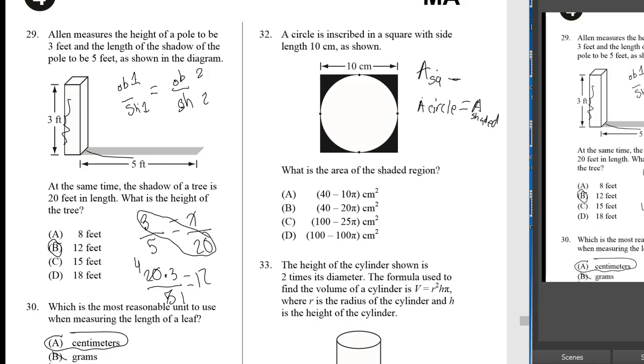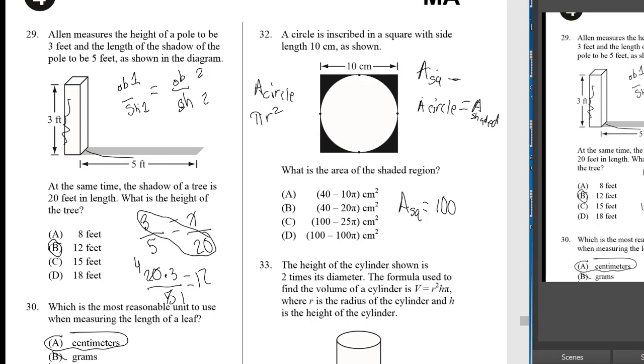So we have the area of the square. Area of the square is equal to 100, because 10 times 10 is 100. I don't think that one's too difficult. Now the area of the circle is a little bit more tricky. We have to remember the formula is pi times radius squared.